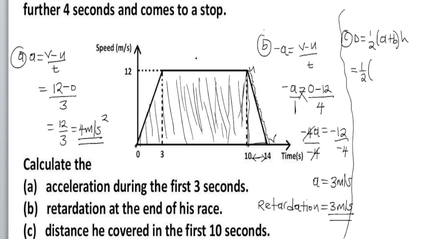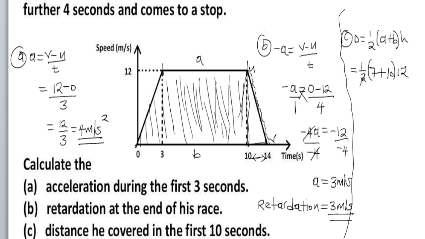Let me say this is our a, this is our b. From this point to this point, it will be between 3 and 10. 10 minus 3, that is 7, plus our b from 0 to 10, that is 10. Then our height is 12.